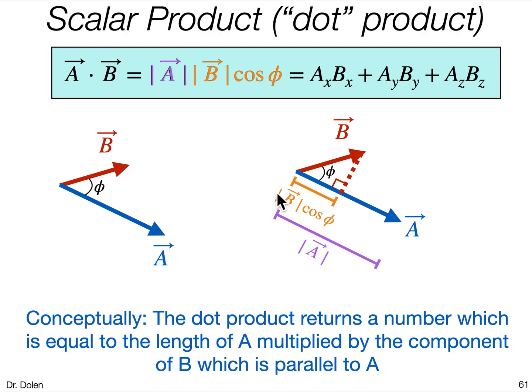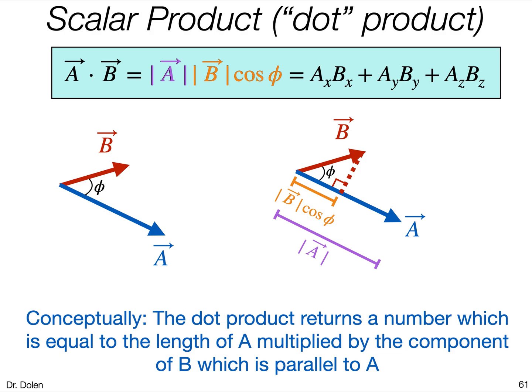So it turns out this length of B projected onto A is B cosine phi. So the component of B which is parallel to A is given by B cosine phi. Okay, so that's what this equation is doing. It's just multiplying the length of A by the component of B which points along A. All right, so that's what this orange line is here.